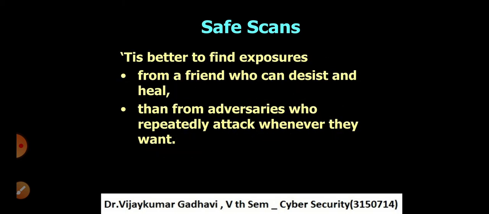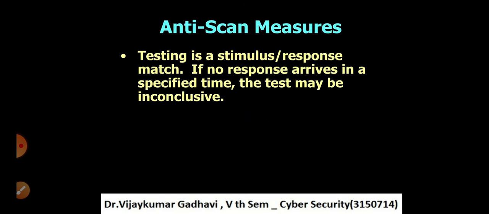It is better to find exposures from a friend who can desist and help than from adversaries who repeatedly attack whenever they want. Test anti-scan measures. Testing is a stimulus response match. If no response arrives in a specified time, the test may be inconclusive.